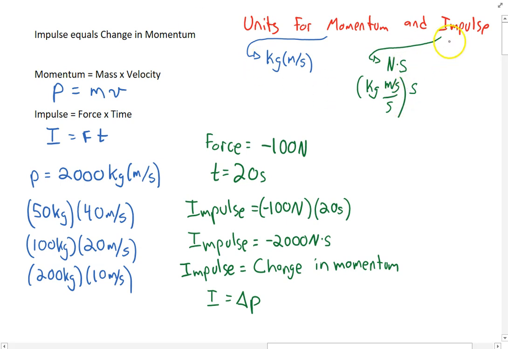So my units for impulse, newtons times seconds, if I write it like this, my seconds actually cancel, and my units for impulse are actually kilogram meter per second. The same as momentum. These have equivalent units. So if I have a Newton second here, this will change an object's momentum.